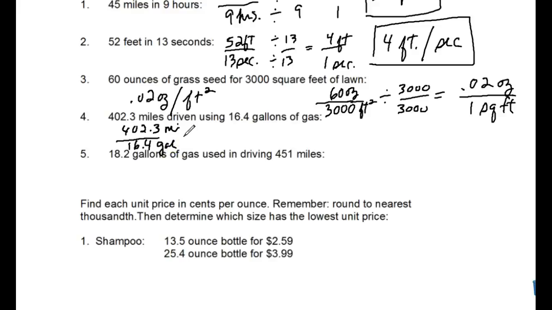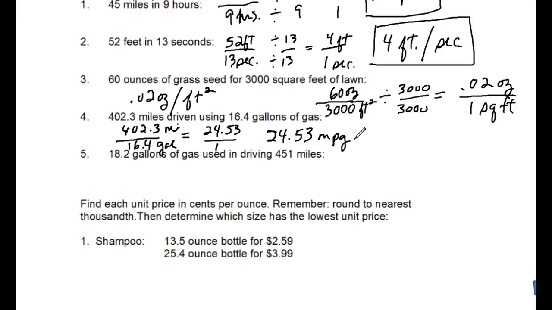We're going to divide the top and the bottom both by 16.4. And when you do that, the top becomes 24.53 and the bottom becomes 1. So we're going to have 24.53 miles per gallon. Miles per gallon is MPG.